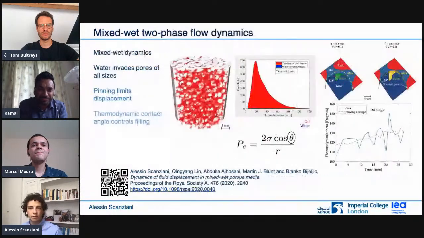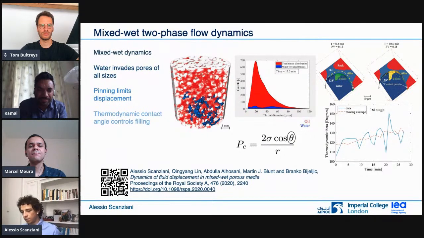For the thermodynamic contact angle instead, this is not directly computed from the images, but it is back-calculated using other quantities like the curvature, interfacial areas, and saturations. This was developed by Martin Blunt, who published a paper recently on that, but basically it comes from an energy balance, which balances the change in the surface area and the work that has to be applied to the system.